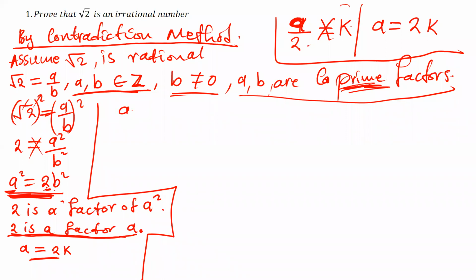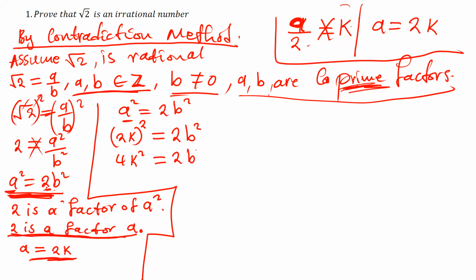So from there, let us now get this statement that we have here, which is a squared is equal to 2b squared. Where there's a, I'm going to replace it with 2k. So I'm going to put 2k where there's a, and since a is squared, I'm going to square that, and this will be equal to 2b squared. If I do the simplifying, I'm going to get 4k squared being equal to 2b squared.